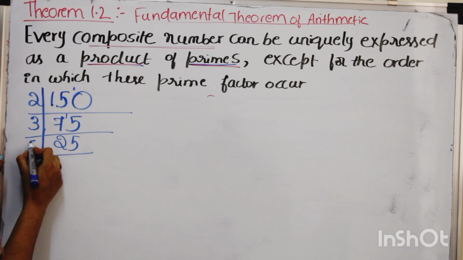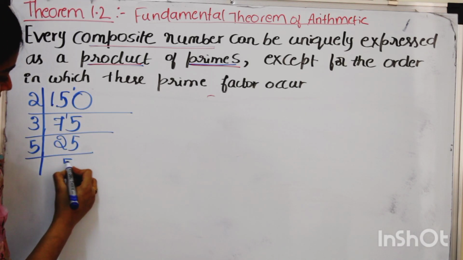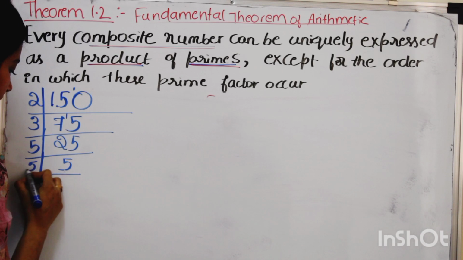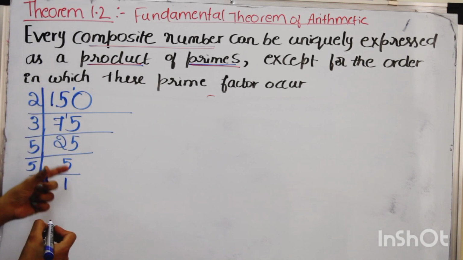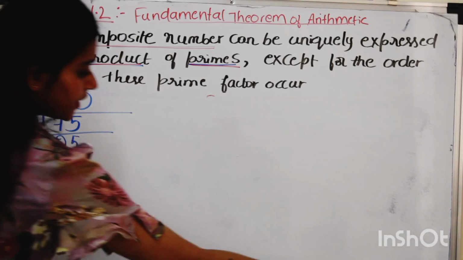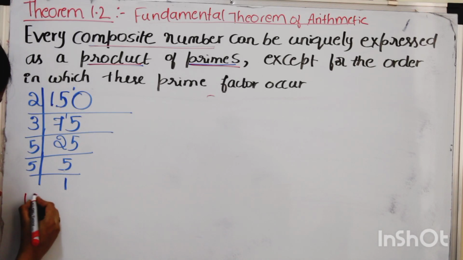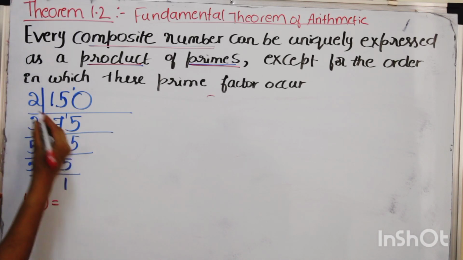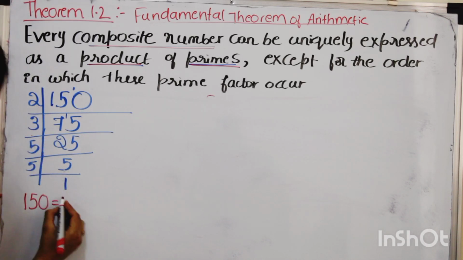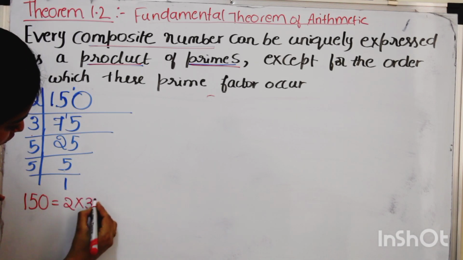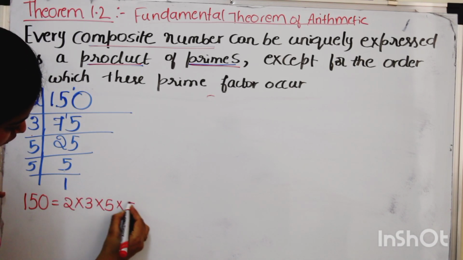Then 25 is divisible by 5, 5 5s are 25, 5 1s are 5. So you can write 150 as 2 into 3 into 5 into 5.